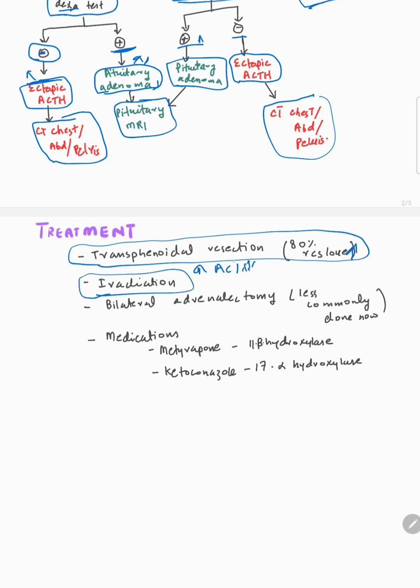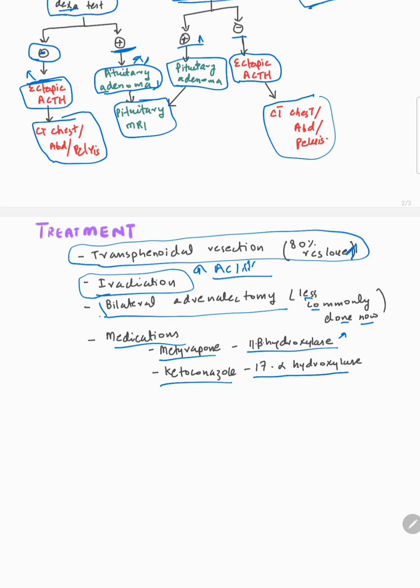And if the irradiation is done and there's still ACTH elevation, then you can do bilateral adrenalectomy, but it's less commonly done now because other modalities are mostly effective. Then there are also medications that suppress synthesis of cortisol, like metyrapone, which inhibits 11-beta-hydroxylase, involved in the synthesis of cortisol, and ketoconazole, which inhibits 17-alpha-hydroxylase, which is also involved in cortisol synthesis.